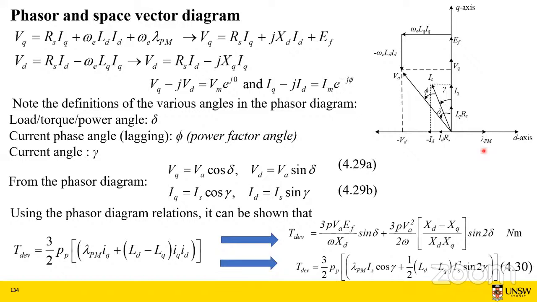Sometimes they give it as volt per kilo RPM or something, but ultimately you can always calculate what the lambda PM is. So this is along the d-axis, and for PMSM it is constant. It is along the d-axis because of the way the d-axis is defined, along where the magnetization is in your rotor.